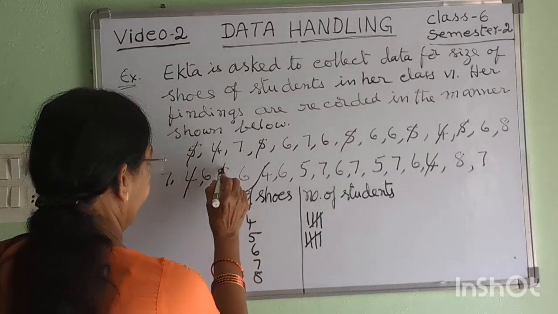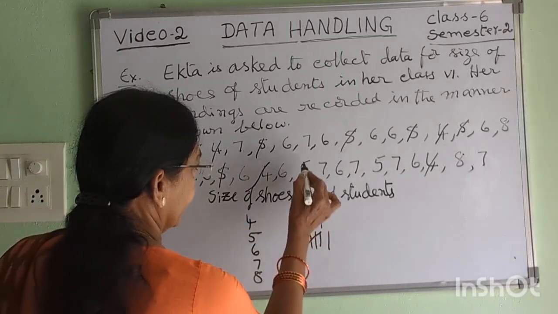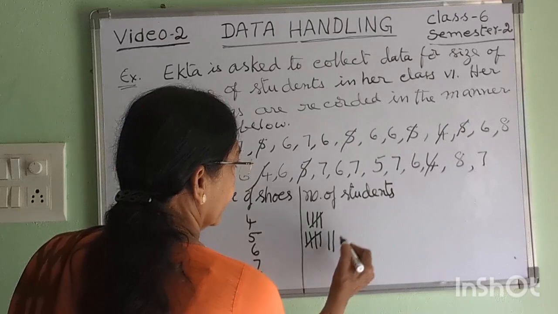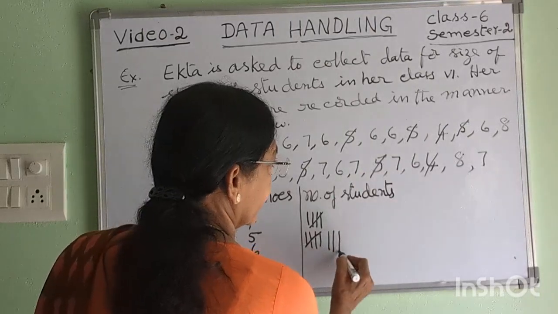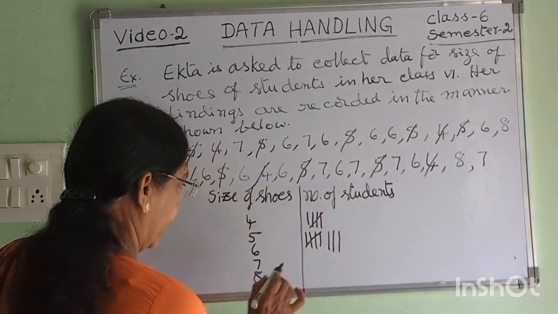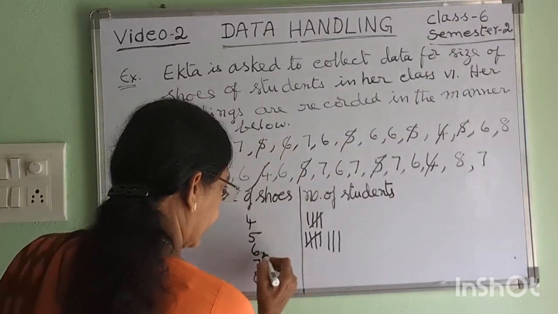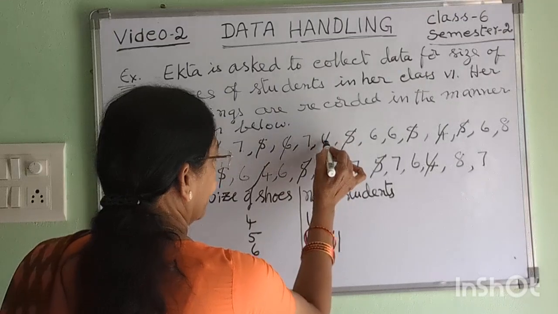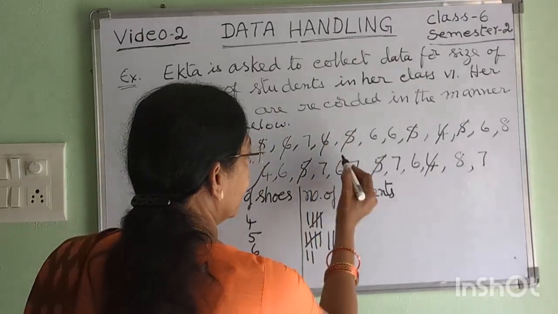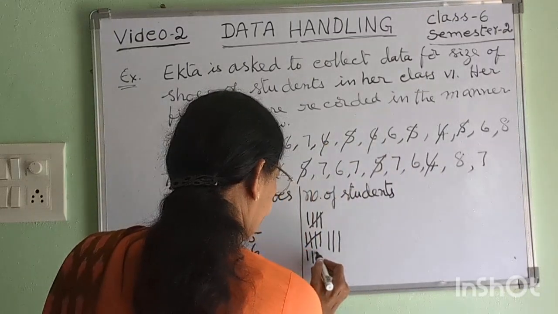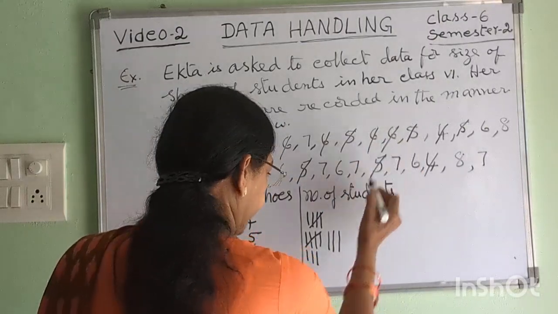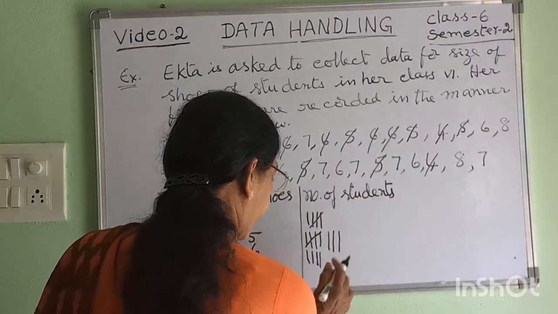Next 5 here, another one, here another one, here another 5. That's all.